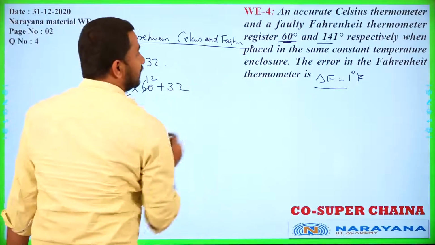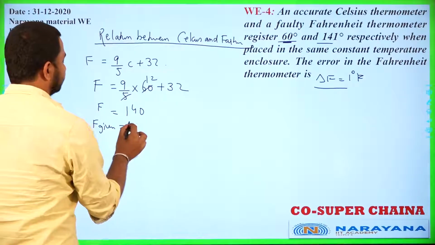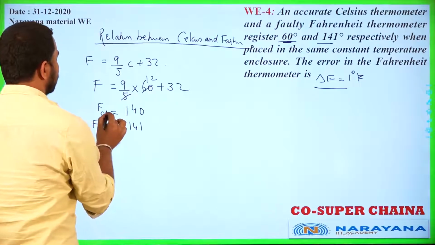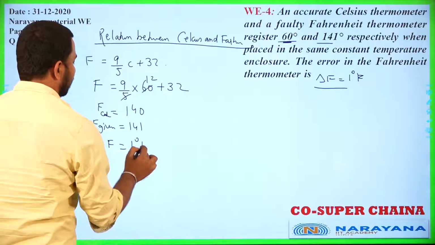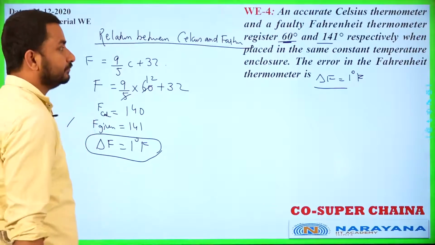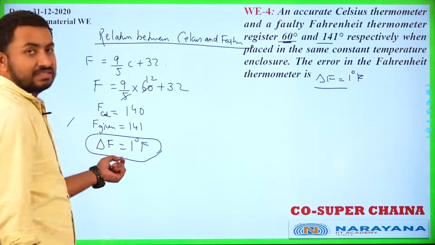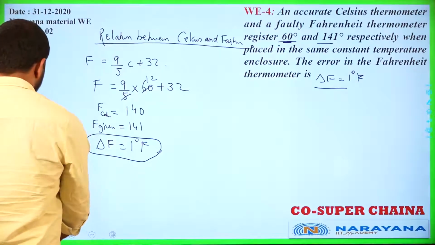Our given reading is 141, and this is the calculated F. So delta F is 1 degree Fahrenheit, and that is the answer to this question. This much error is there in the reading. Let's move to the next question.